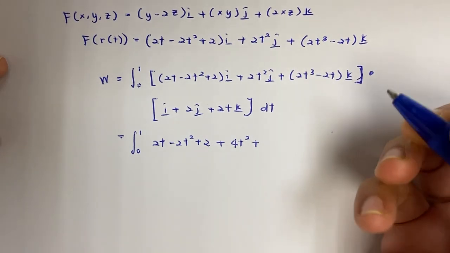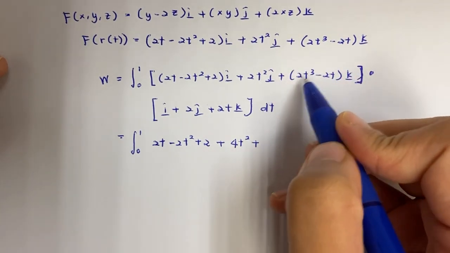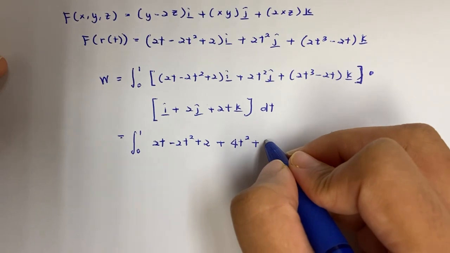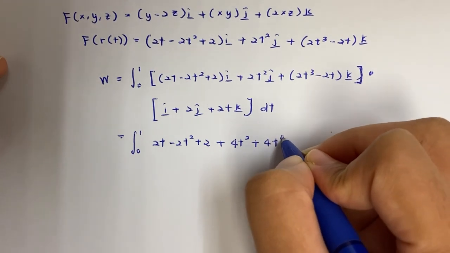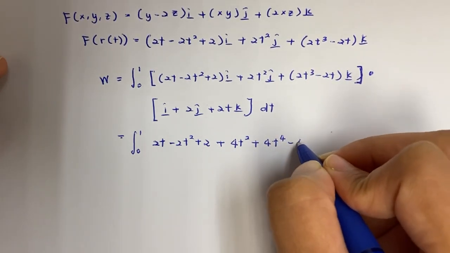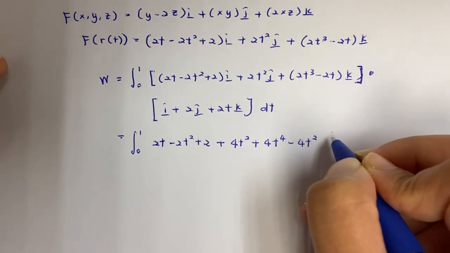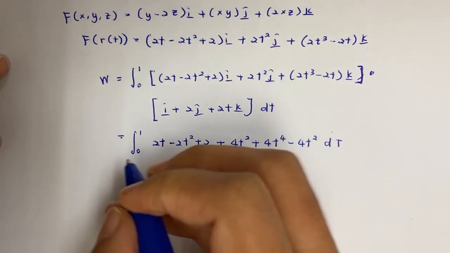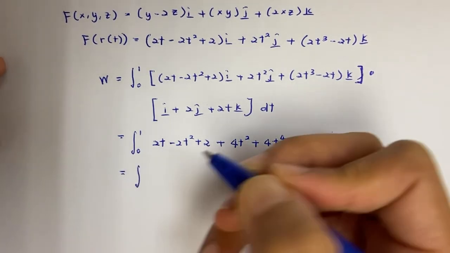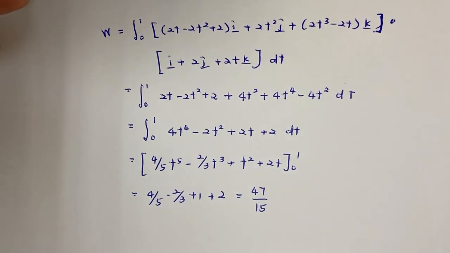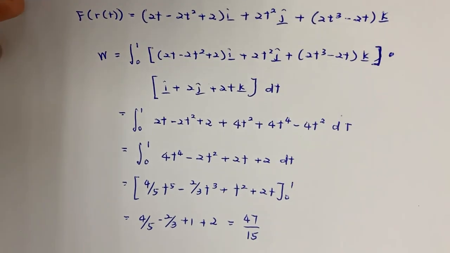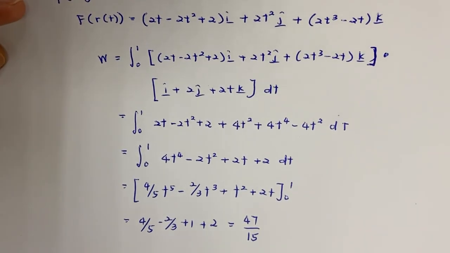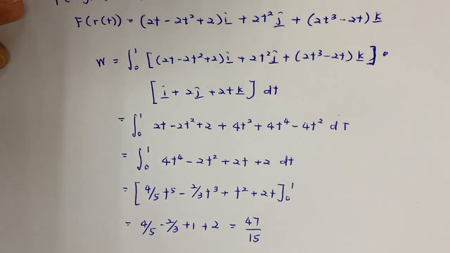No more j. Plus 2t cubed minus 2t multiplied by 2t is 4t to the power of 4 minus 4t squared, dt. No more k. You can proceed from here, and as I proceed with the integration, I get my work done equal to 47 over 50.